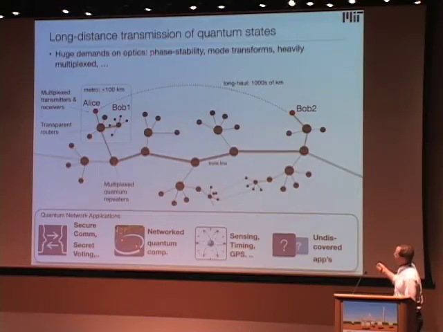Optics that give you great phase stability. We've already heard about the need to produce good interferometers. Ways of transforming modes between maybe hundreds of different spatial modes or temporal modes. And many systems have to be heavily multiplexed.